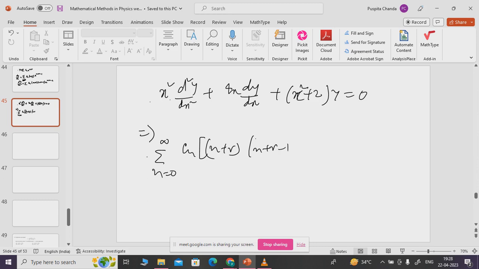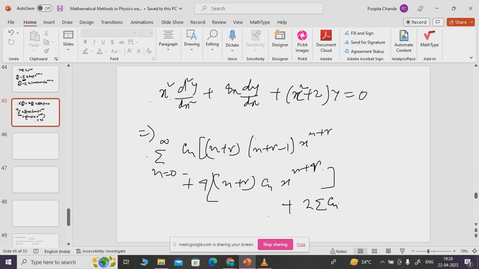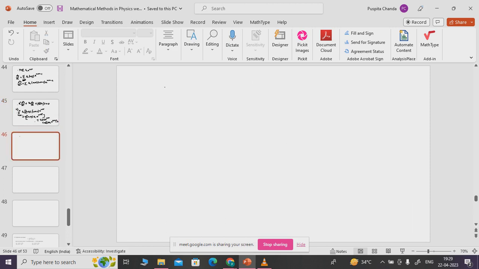So it will be Cn (n plus r)(n plus r minus 1) x to the power n plus r, plus 4 into (n plus r) Cn x to the power n plus r, and also here it will be 2 into Cn x to the power n plus r plus Cn x to the power n plus r plus 2, is equal to 0.